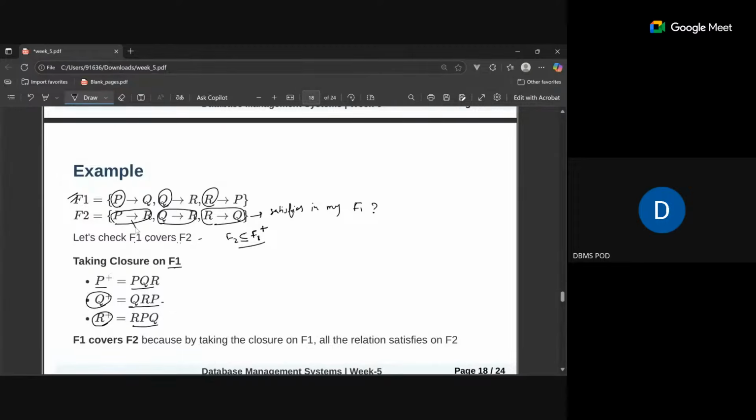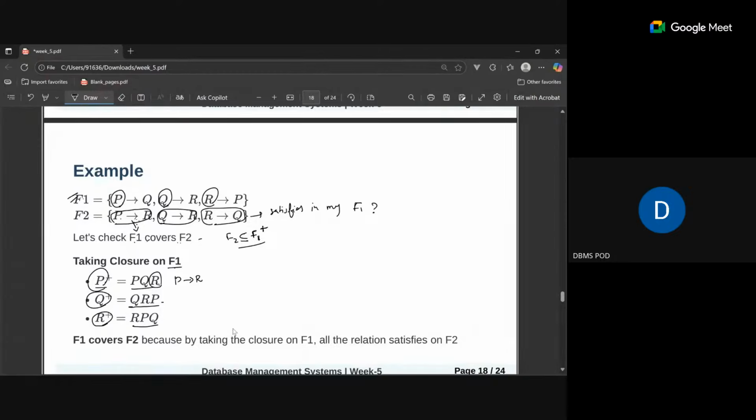As there is no direct dependency like that, I'll go and check the closure, because it's P, so I'll check in the closure. By taking P closure, I got R. So if this is true, I can say P determines R. So this is satisfied in this F1.